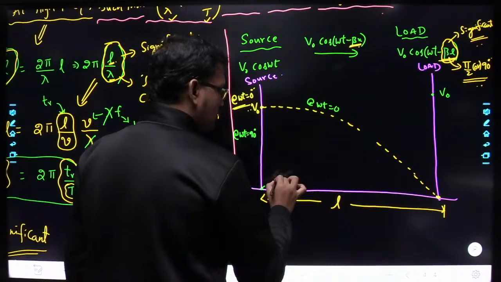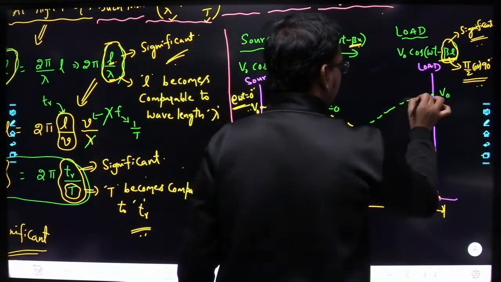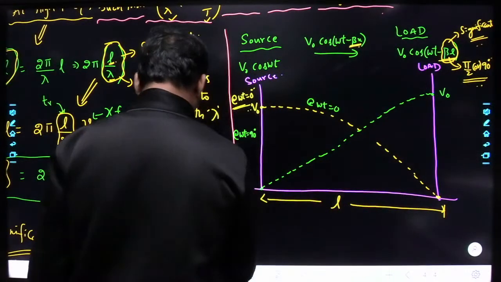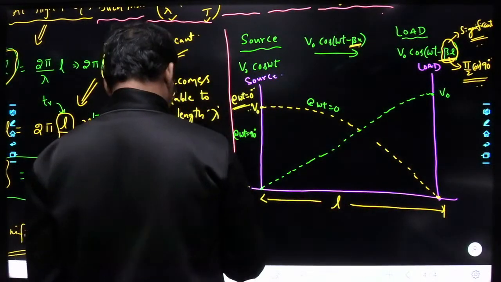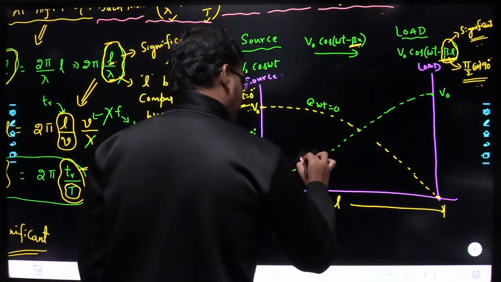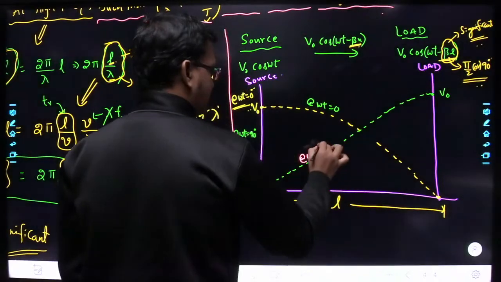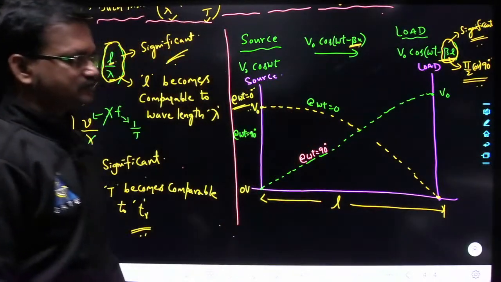So the voltage along the transmission line is varying like this. This is at omega t equal to 90 degrees. Understood?